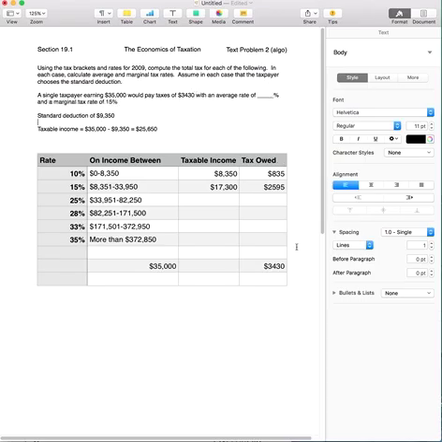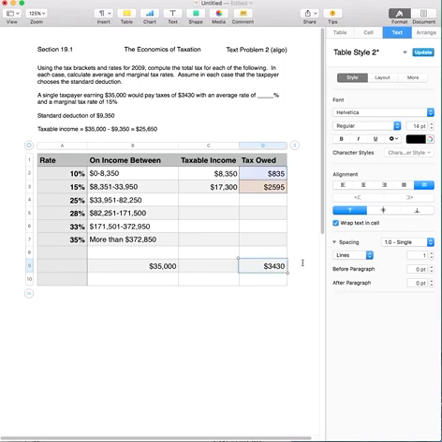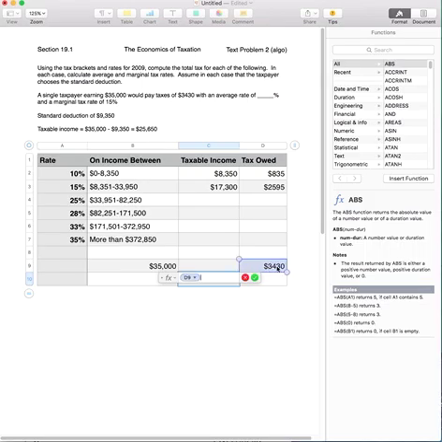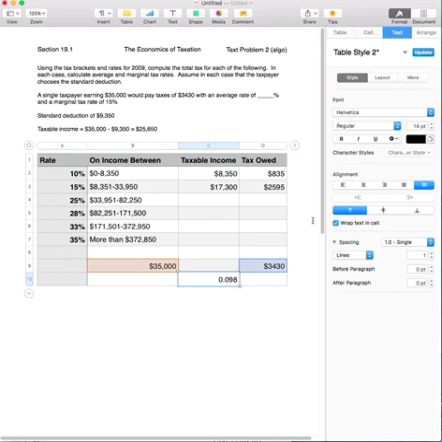Now, to get the average tax rate, you just take the total tax that the individual paid across all those brackets and divide by their original income number. So if we were to take the $3,430 and divide by the original income of $35,000, that will give us 0.098 or 9.8%.